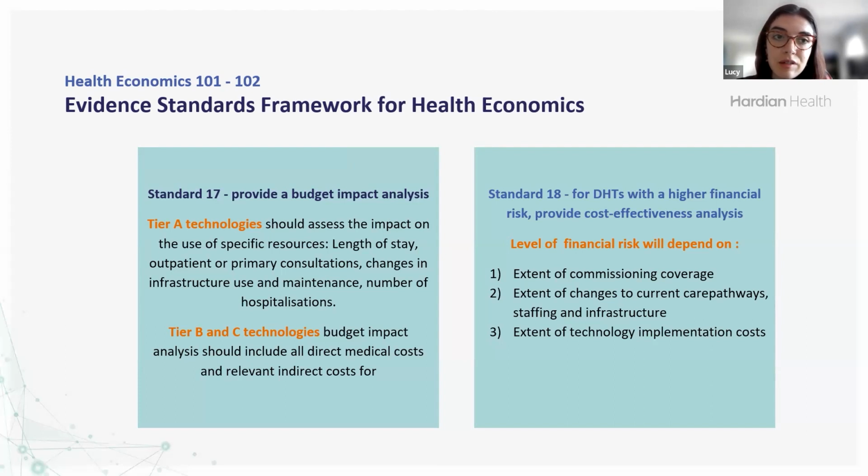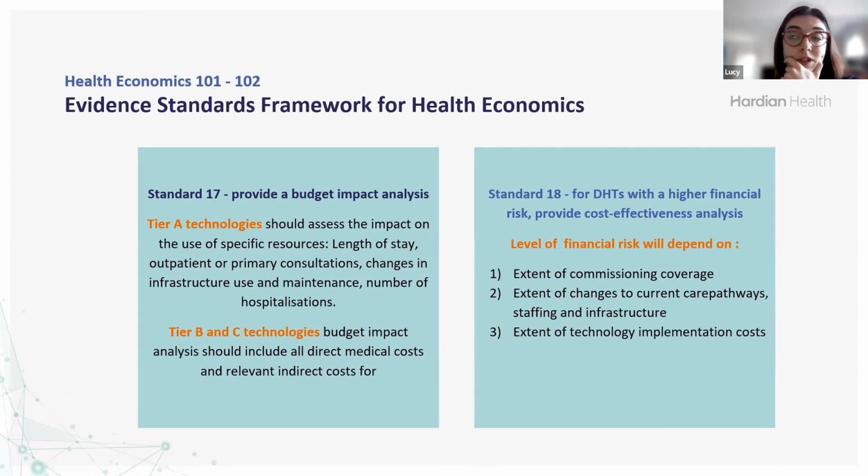But things like the extent of commission coverage, so if you are aiming for national adoption or large-scale rollout, the level of changes to current care pathways that are required, and also implementation costs. That really is because, going back to why we would conduct a cost effectiveness analysis in the first place, and why the incremental cost effectiveness ratio is used by decision makers, it really is most appropriate for those interventions that are going to be more costly than the comparators, but also more effective.